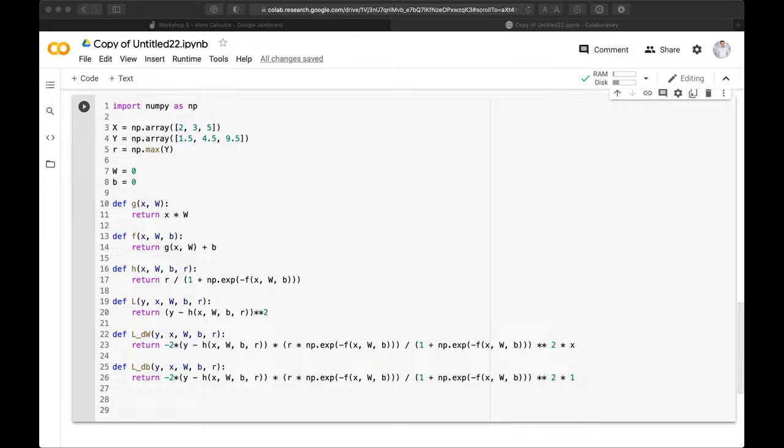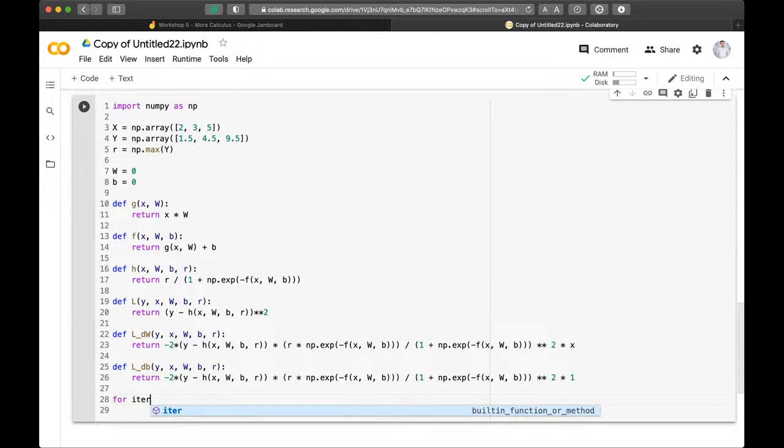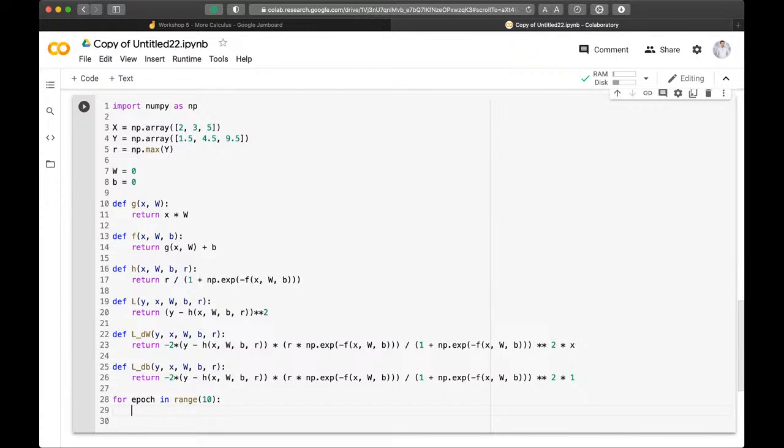So then let's make some iterations for the training. This is going to be our iterations, or let's say call them epochs. Because in our case, all of our data set is just 3 samples. So range 10. So we're going to look at all of our data set basically at once.